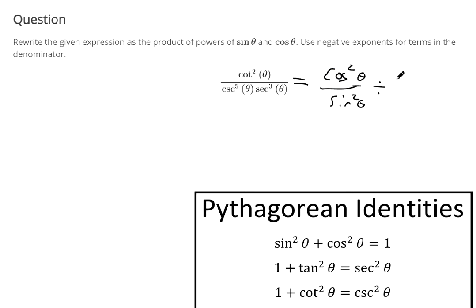Cosecant to the 5th theta, that's 1 over sine to the 5th theta. And then secant to the 3rd theta, that's 1 over cosine to the 3rd theta. So we need to flip and multiply.